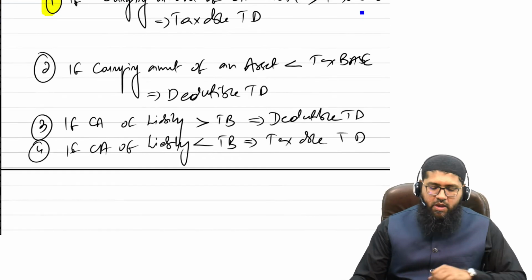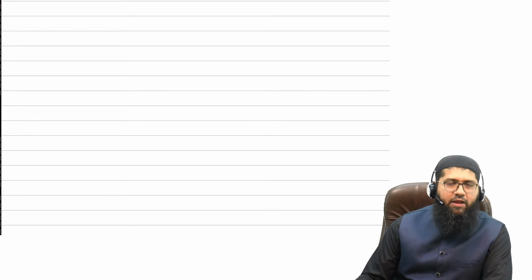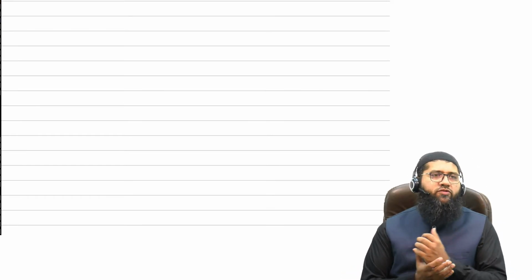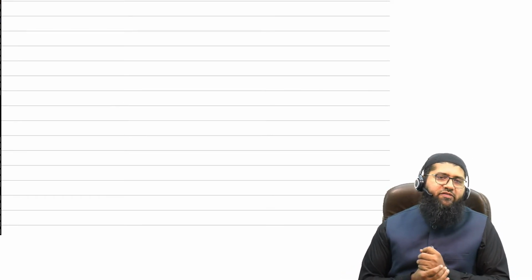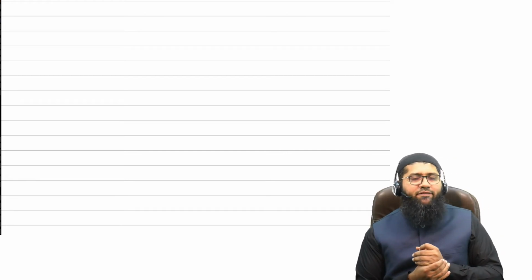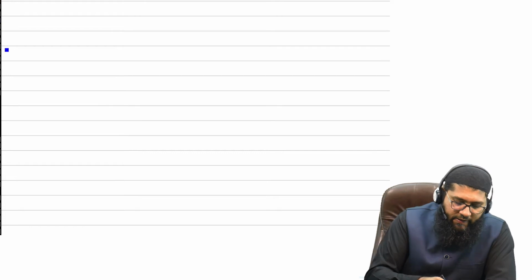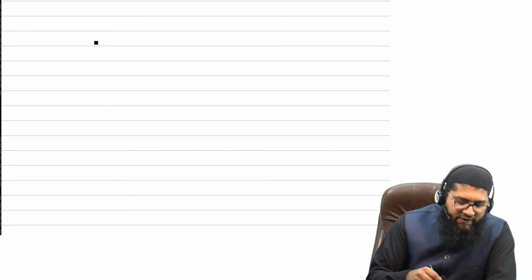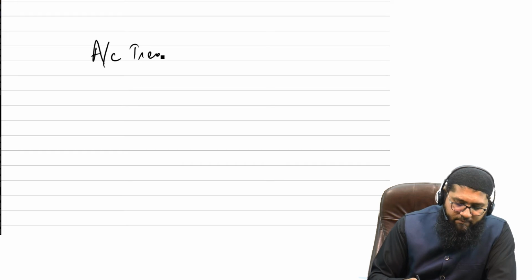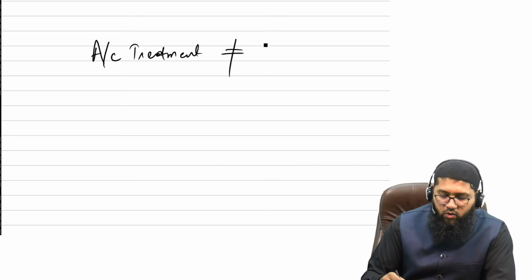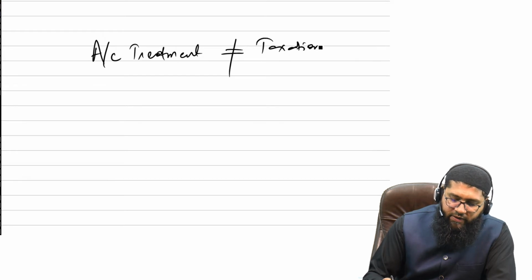Now, let me just guide you. Your query was that at times you don't understand when a deferred tax implication is going to arise. So I can give you a very important hint: you can know that deferred tax is going to arise whenever the accounting treatment is not equal to the taxation treatment.